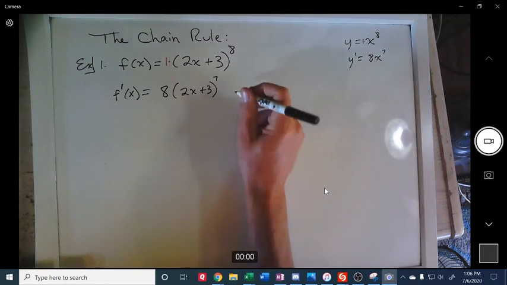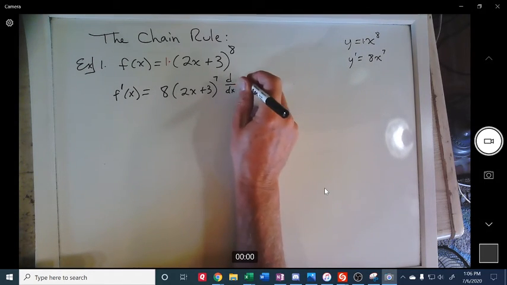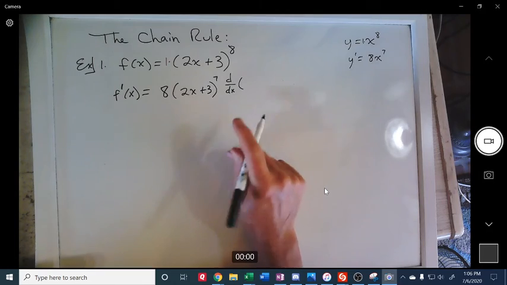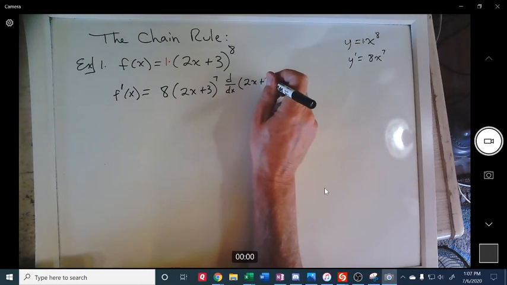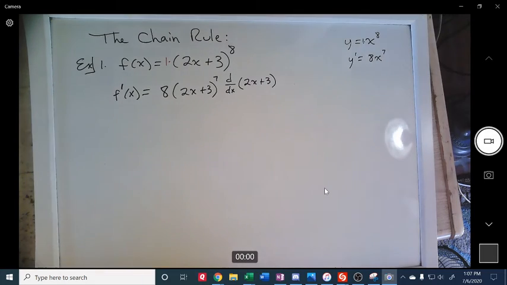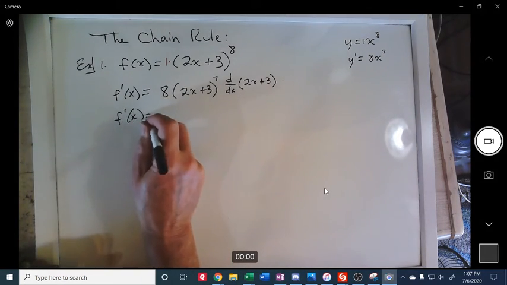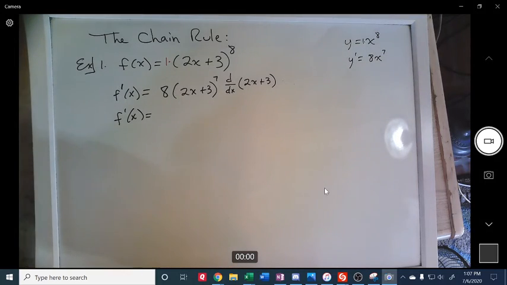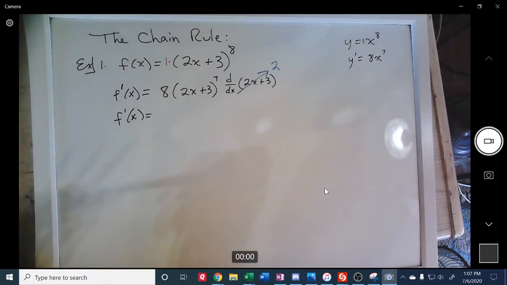Then I have to chain on the derivative of the rest. In this case, it's just that innermost function, 2x plus 3. And then f prime of x, this derivative is 2.